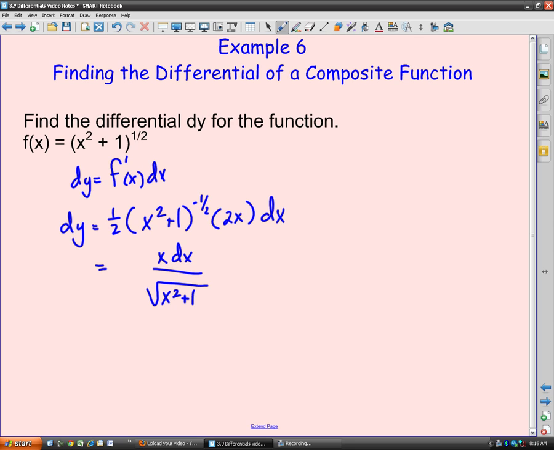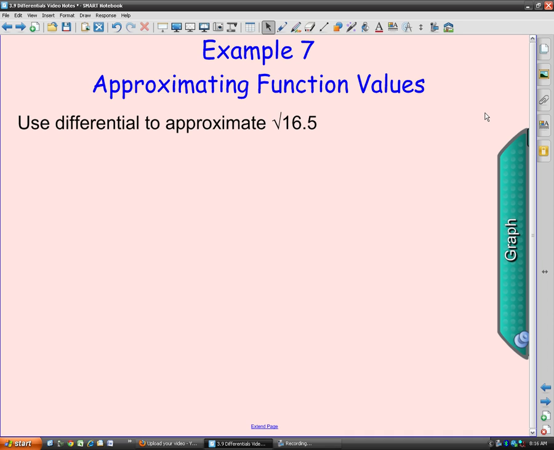Finally, we can use our tangent line approximation to approximate what's happening at the square root of 16.5. I know that we're talking about f of x plus delta x, which would be approximately the same as f of x plus f prime of x dx.